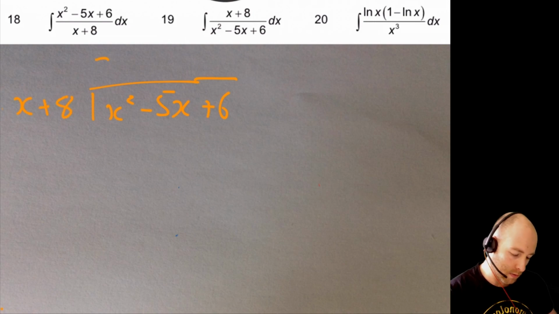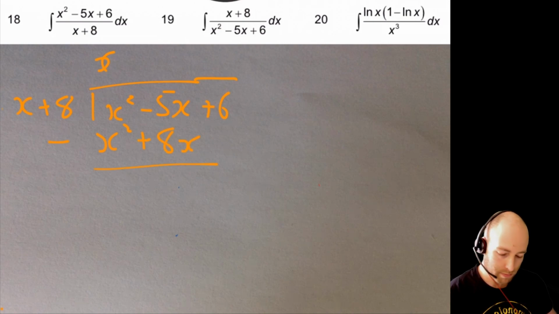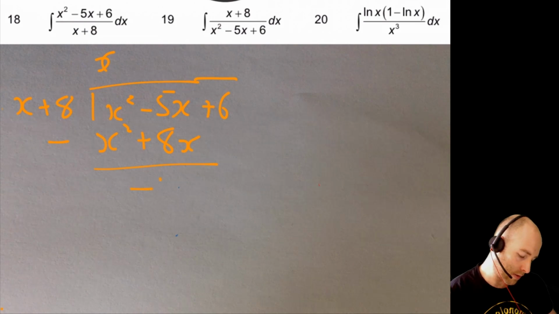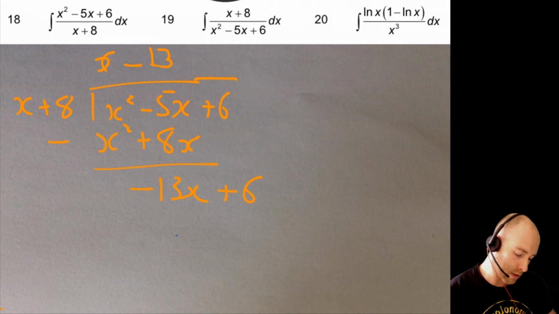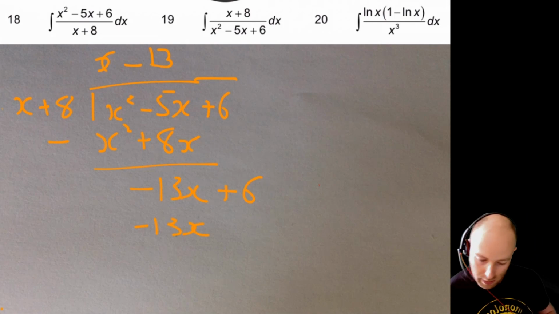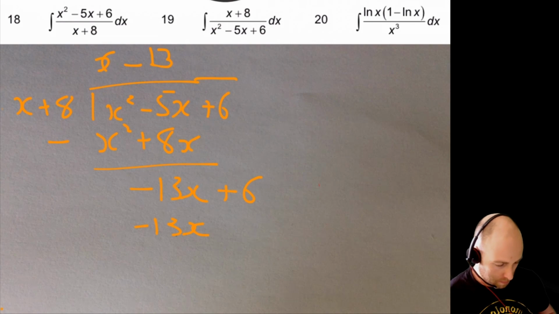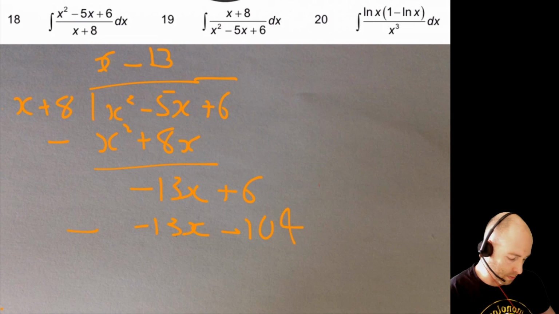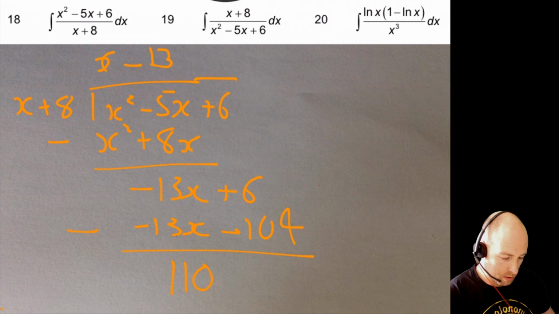So we get x on top, x squared plus 8x. One take the other gives me minus 13x plus 6. Minus 13 up there. We're going to get 104 there. Minus 104. Subtract those. Gives me 110.